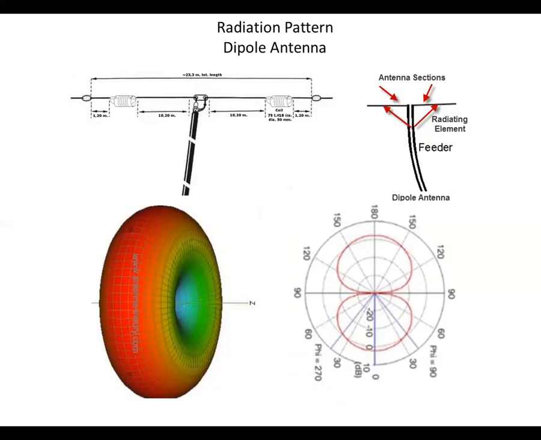Okay, now if we take a look at the radiation pattern of a dipole antenna, this is physically what we have. We have a feed line, and the center of the coax goes to one element, and then the coax shield goes to the other element.